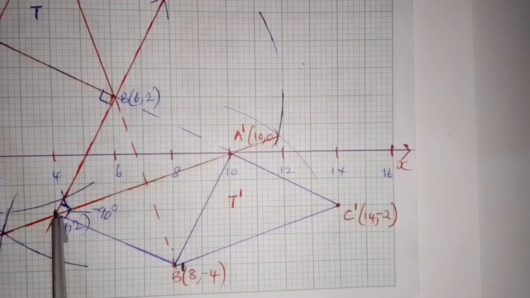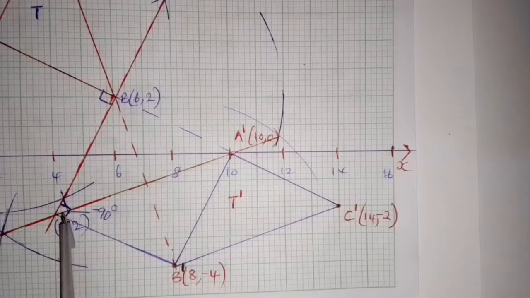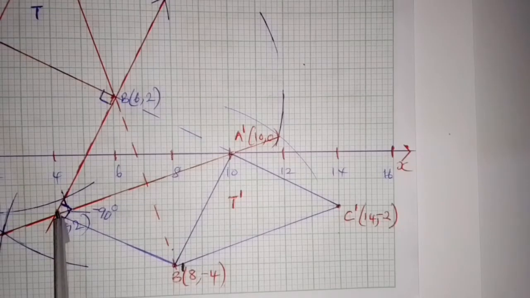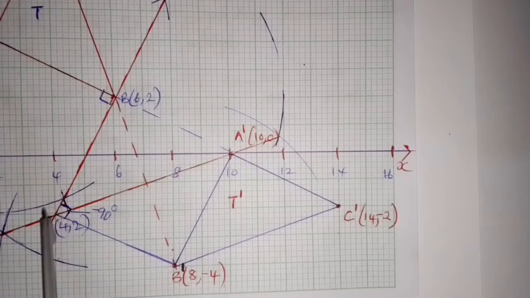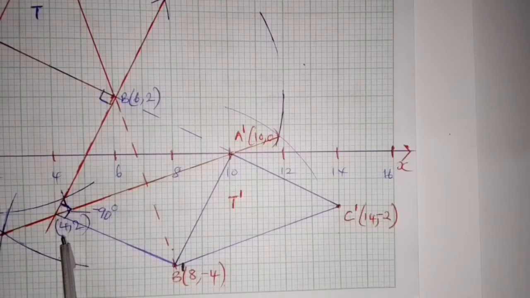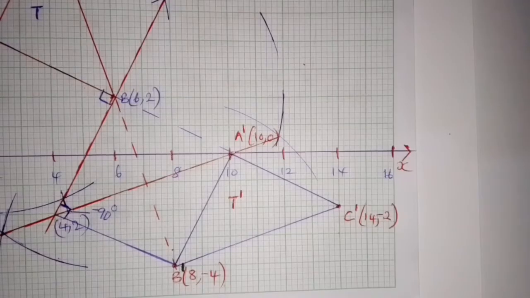Then we get the coordinates of this point here. This is 4, this is -2. So it is (4, -2).